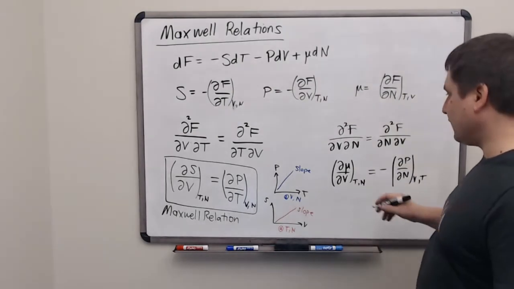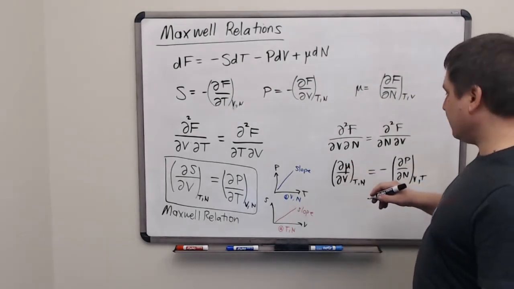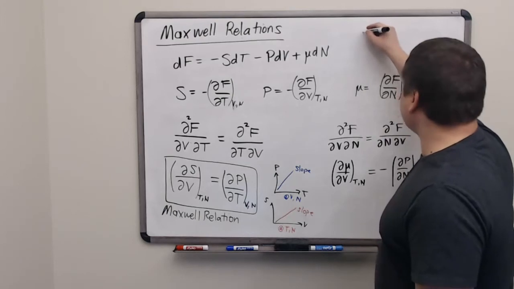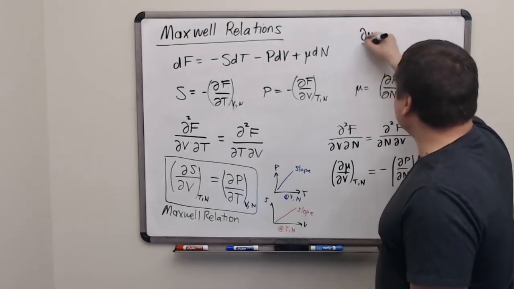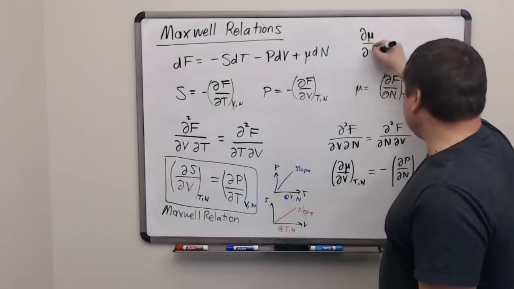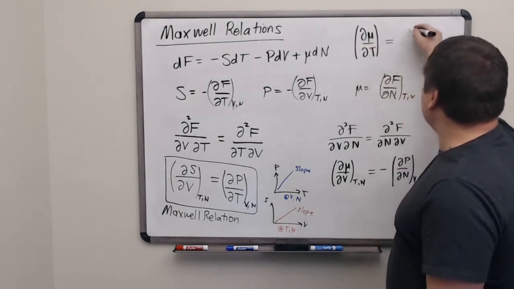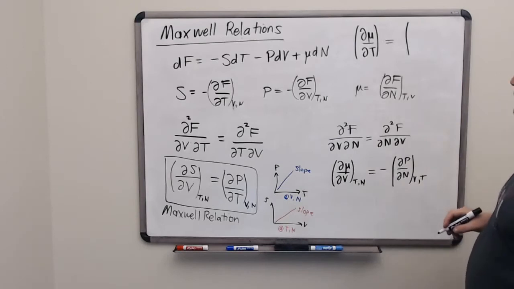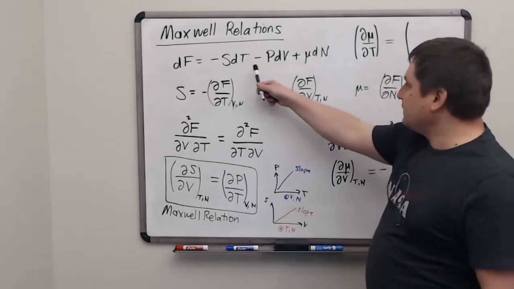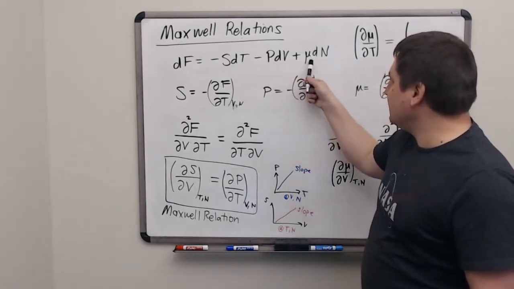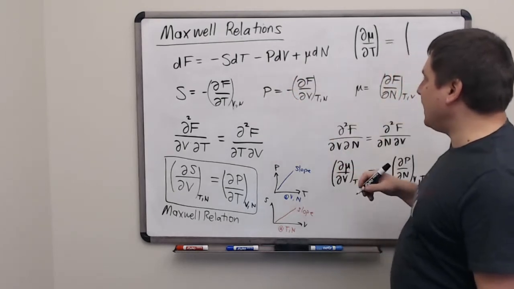For example, there is one more that is not trivial. It will be d mu dT. From the definition, I can see that mu and T are not conjugate variables.